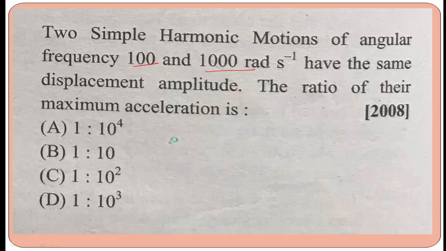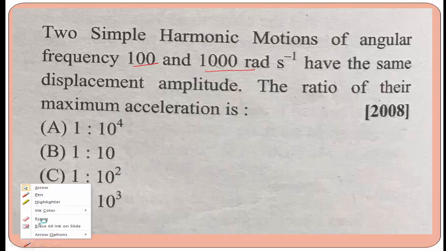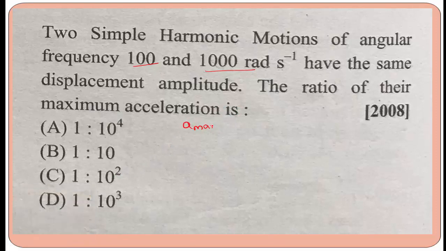We know the formula for the maximum acceleration: A maximum is equal to omega square into A. The ratio of their maximum acceleration means A maximum for the first simple harmonic motion and A maximum for the second, that is omega 1 square divided by omega 2 square, because the amplitude is the same for both cases.